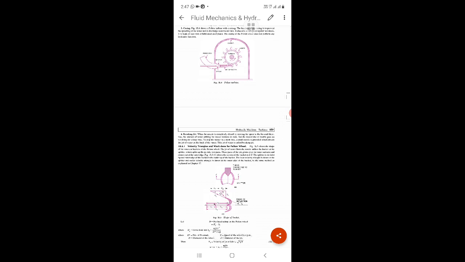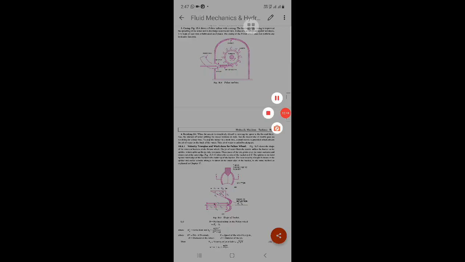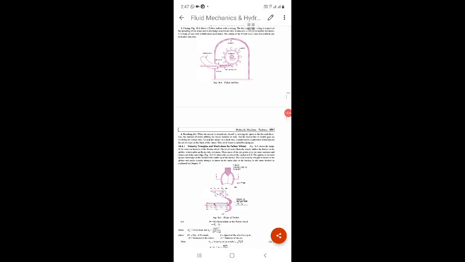When the nozzle is completely closed by moving the spear rod in that direction, the amount of water striking the runner is reduced to zero. But the runner, due to inertia, goes on revolving for a long time and it will affect the speed and life of the turbine.